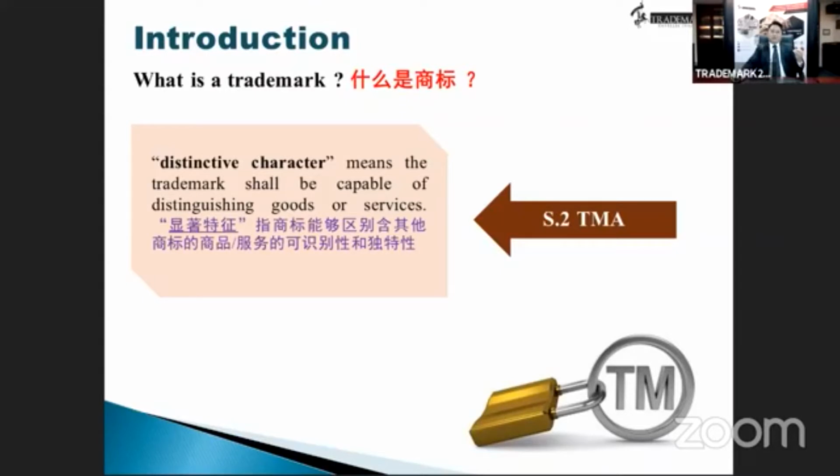In order to successfully register a trademark, the registrar will look at how distinctive the character of your trademark is. So when you design a trademark, please pay attention to this distinctive character, all right? Because this is very important. I shall explain it later in the coming slides.